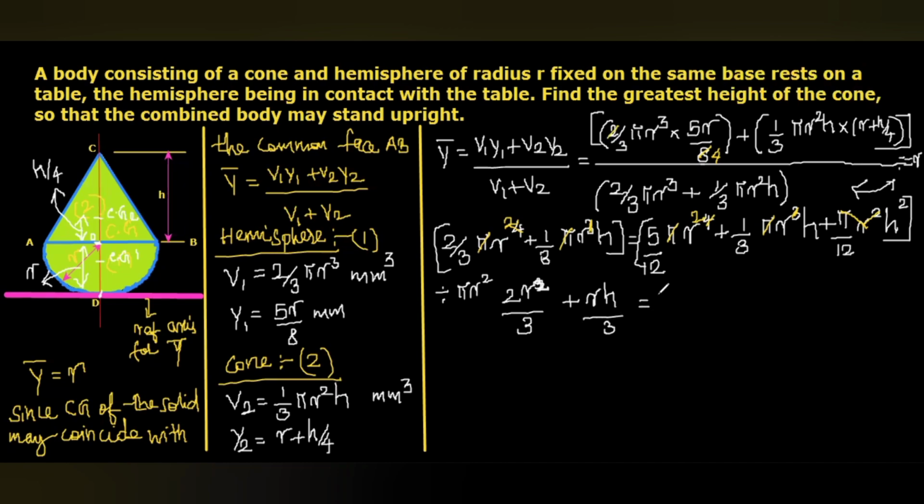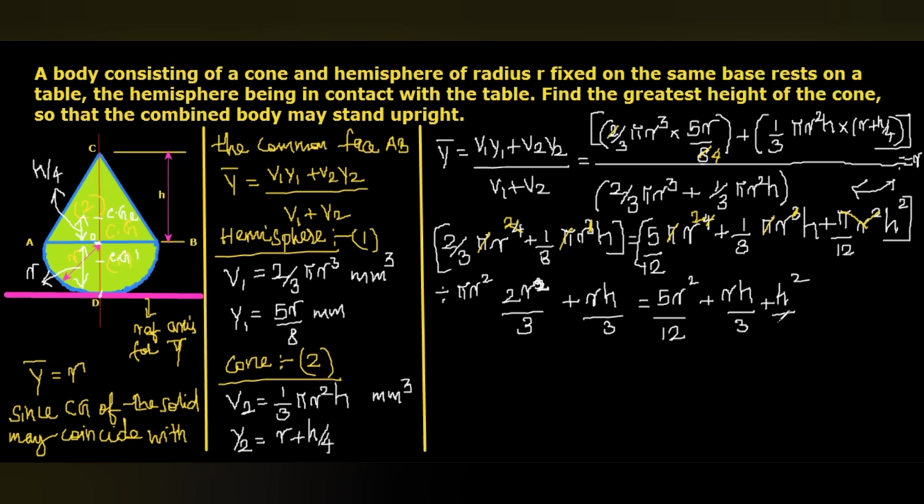On the right hand side, 5r square divided by 12, plus here again rh by 3. And then this side will be h square, only the numerator, divided by 12.